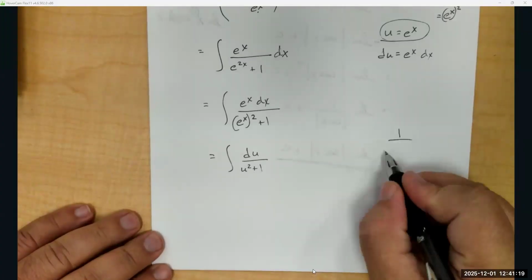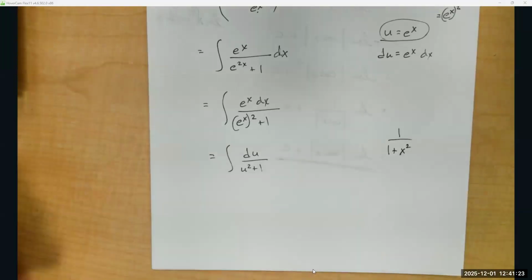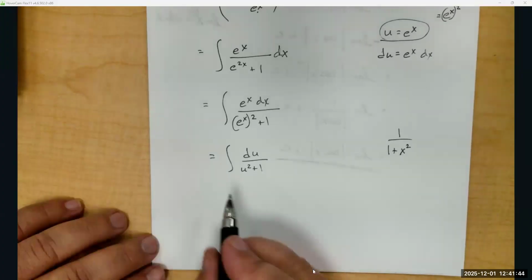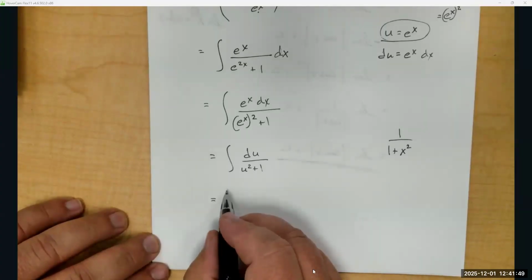Because the derivative is 1 over 1 plus x squared. Would you get cotangent?